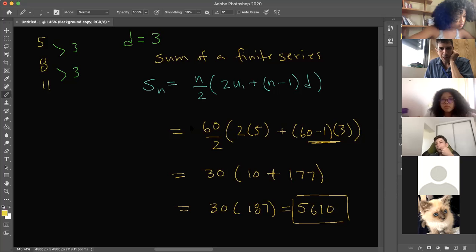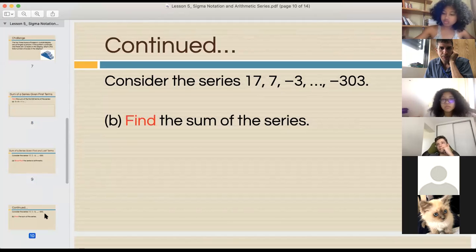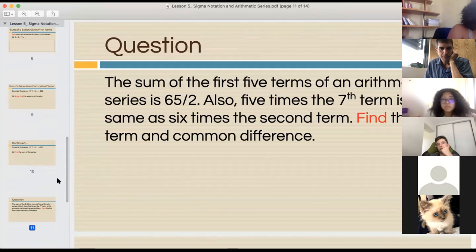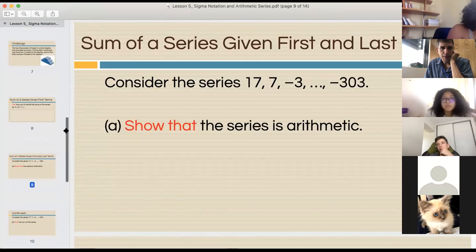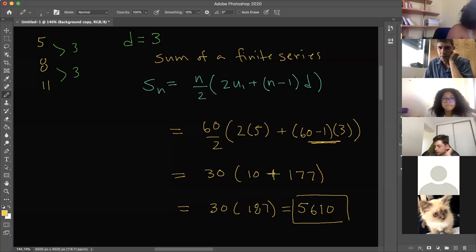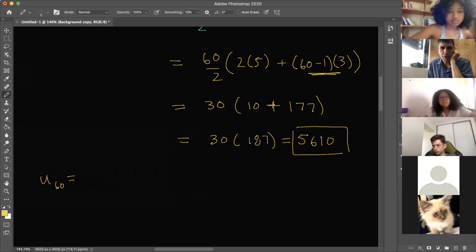Before we do the next one, I just want to check one thing here. Before we even look at the next one, can you guys tell me what is U60? The 60th term. Can you guys find that for me?